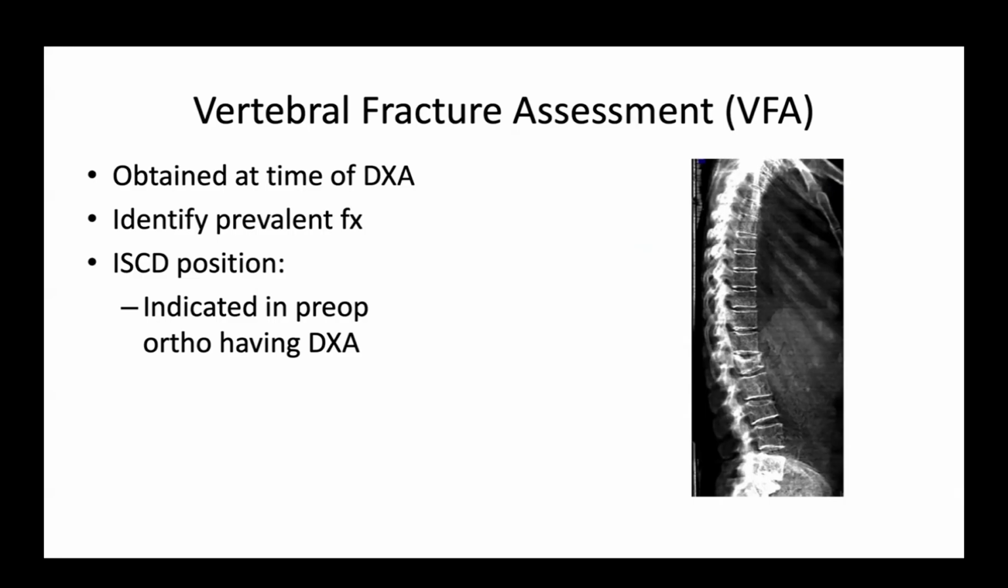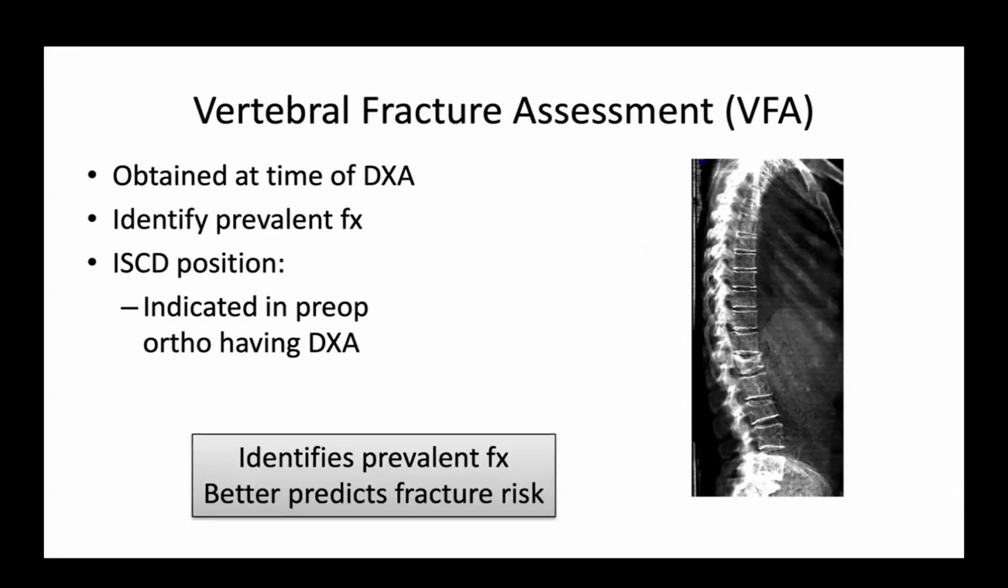The ISCD's position on this is that if patients are having orthopedic and particularly spine surgery, a VFA should be added as a screening tool. Obviously, if I'm going to do a lumbar fusion at L3 to L5 for a condition, and the patient has a fracture at T10, that may cause me some apprehension and need further workup and treatment.